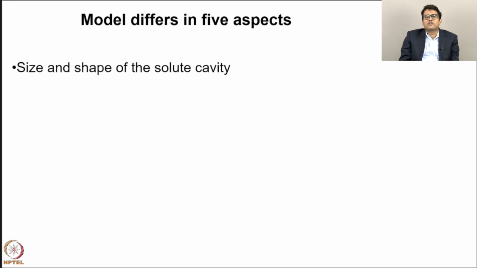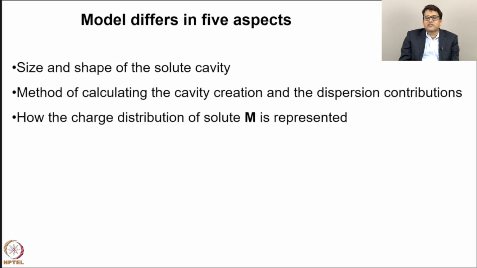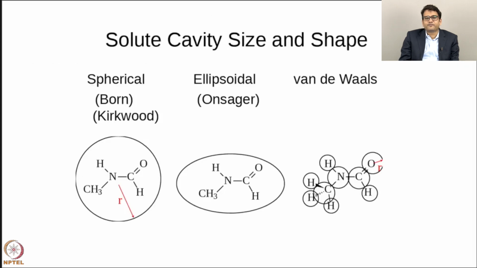They differ mostly in 5 aspects: the shape and size of the solute cavity, the method of calculating the cavity creation and dispersion contribution, how the charge distribution of solute M is represented, whether the solute M is described classically or quantum mechanically, and how the dielectric medium is described. Depending upon these 5 things, we get different solvation models with different names, but the actual working principle is very similar.